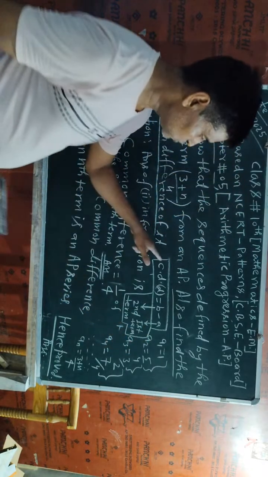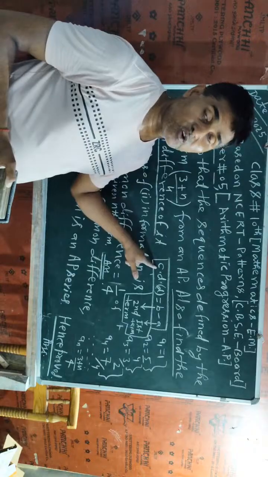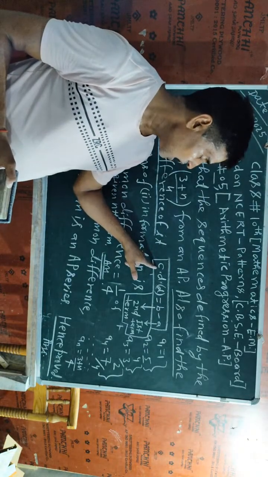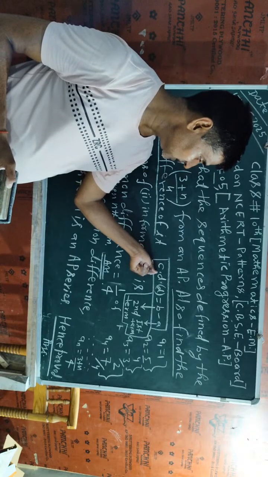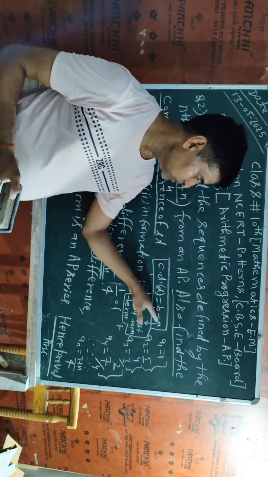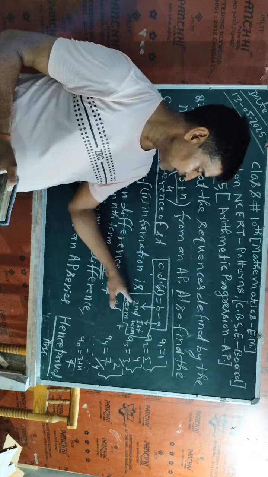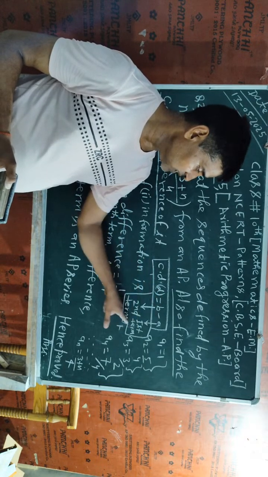So the student has to remember this common difference which is available in arithmetic progression: d is equal to b minus a, b is known as the second term and a is known as the first term.